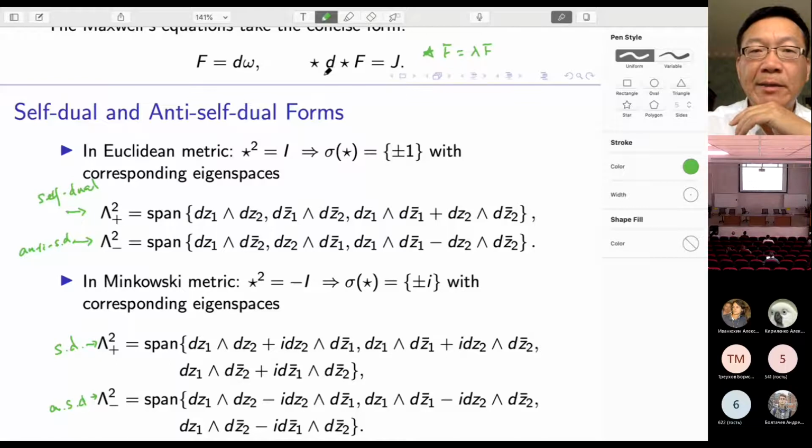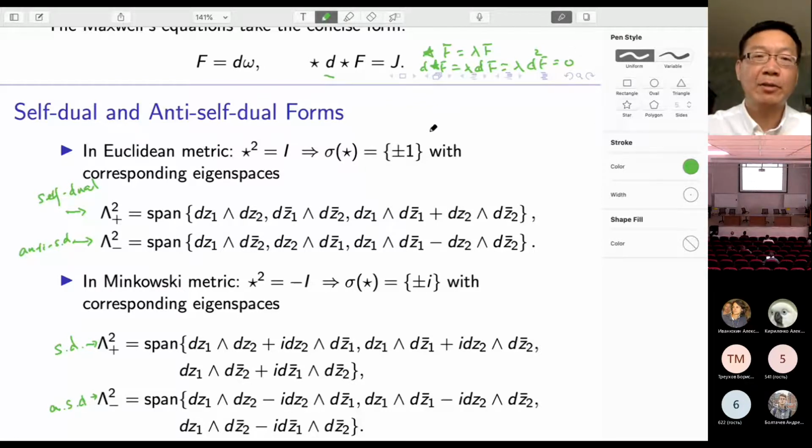Then when you apply the differential to it, you get d star F equals lambda dF. But F is already an exact form, so this is lambda d squared omega, which gives you 0. So this shows that if F is self-dual or anti-self-dual, it naturally gives solutions to the Maxwell equations.